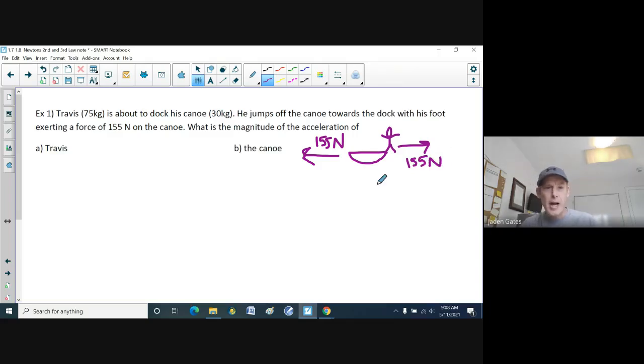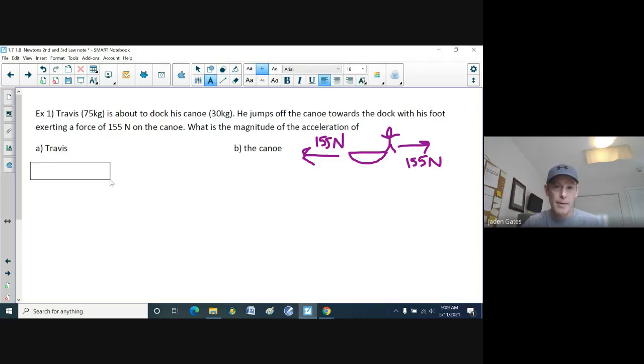So I can look at how Travis accelerates, because the boat is applying a force on him of 155 newtons. Travis has a mass of 75 kilograms.